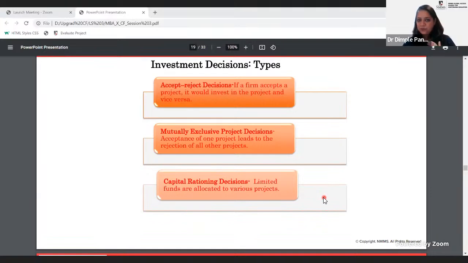Any doubts on these points? Because the application of it would come in the last module that you have seen in your learning material that I'm going to deal with tomorrow. That's going to be based on all this.